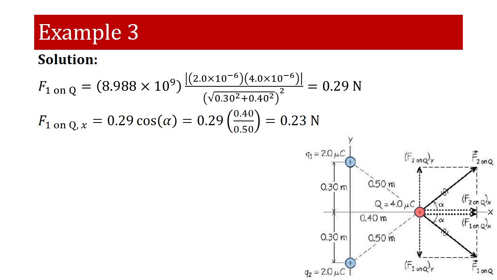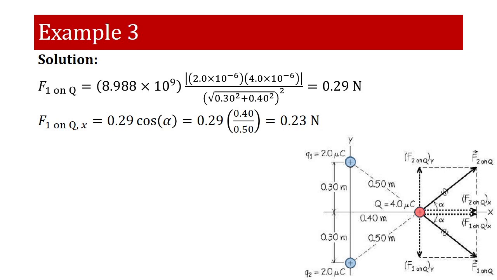And the cosine of alpha in the figure is adjacent side over hypotenuse. So what is the adjacent side? The adjacent side of alpha is 0.4 divided by hypotenuse 0.5. So you multiply the 0.29 by the ratio of adjacent to hypotenuse. So you will get 0.23 newtons.